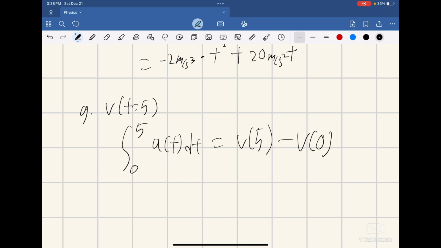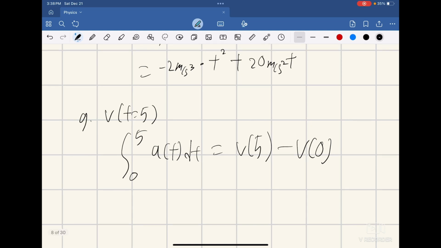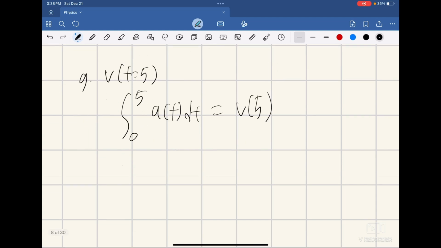T equals 0, t equals 5. And what we can do here is rearrange this. Well, we don't even have to rearrange it, because we stated earlier that the velocity at t equals 0 is just going to be 0, because we're going to assume that. So we just have v of 5 is equal to the integral from 0 to 5 of a dt.